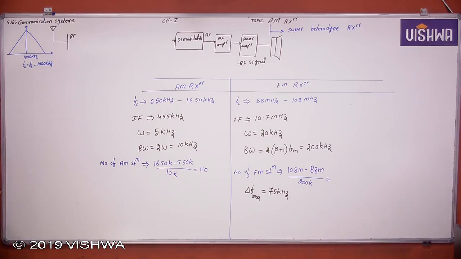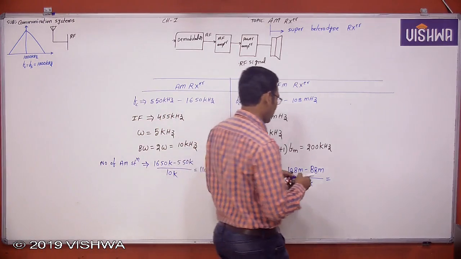Note on this. So the number of FM stations is around 100, I think.